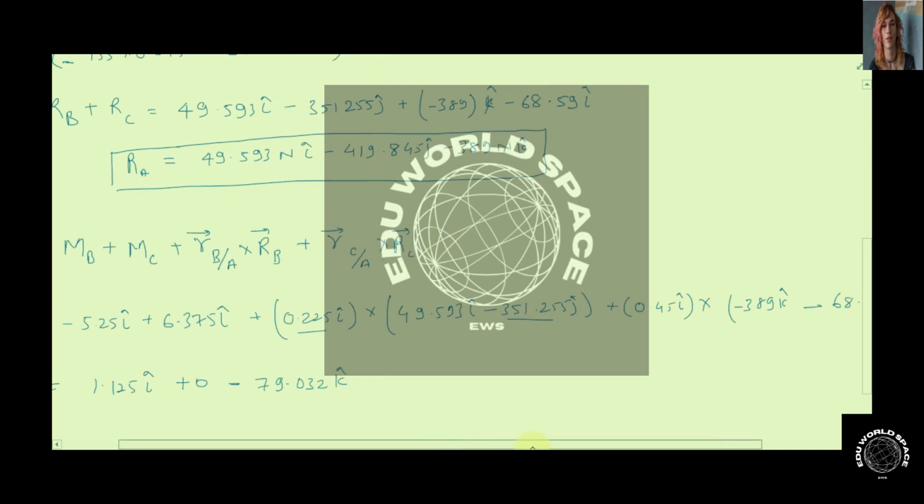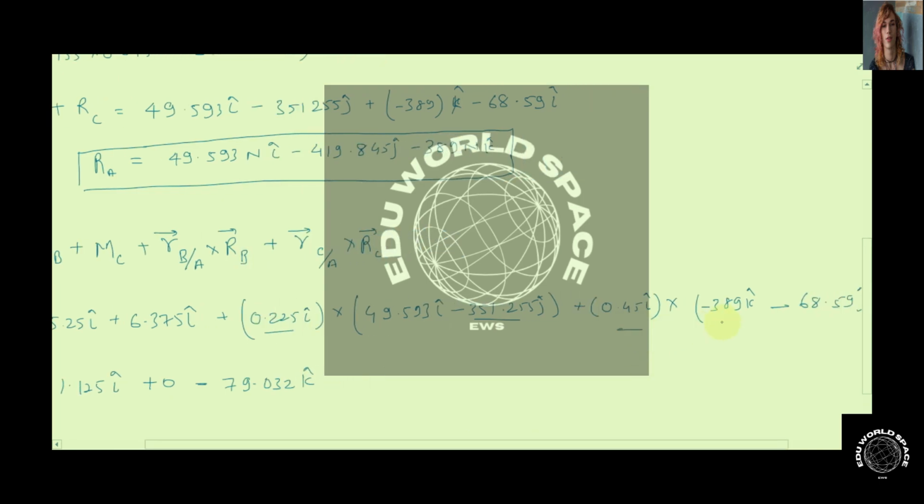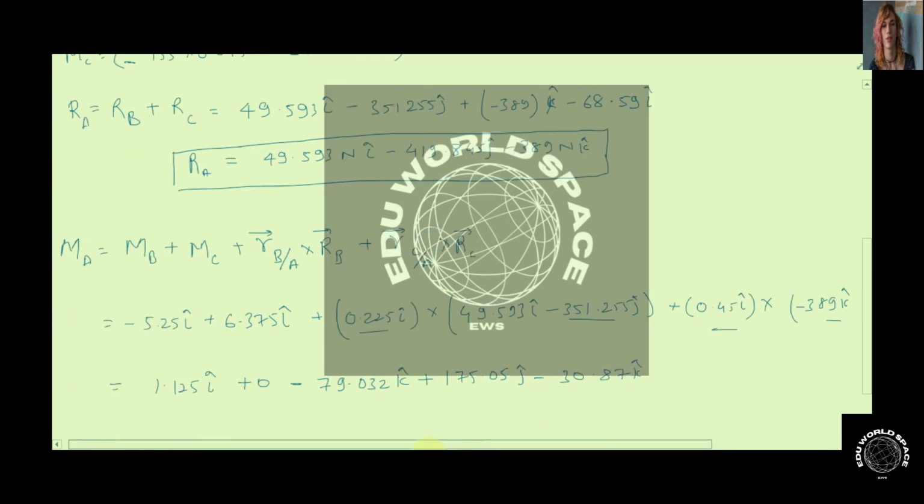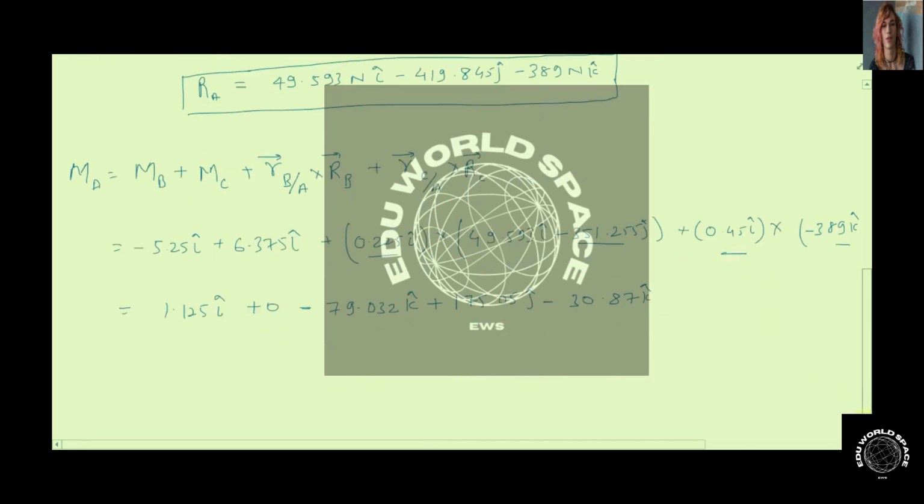Now if we solve the second one here, I cap cross k cap will give minus j cap, and 1 minus is already there, so this will be plus 0.45 multiplied by 389, which is 175.05 j cap. If we multiply the second term here, I cross j will give k cap, and 1 minus is there, so it will be minus 30.87 k cap.